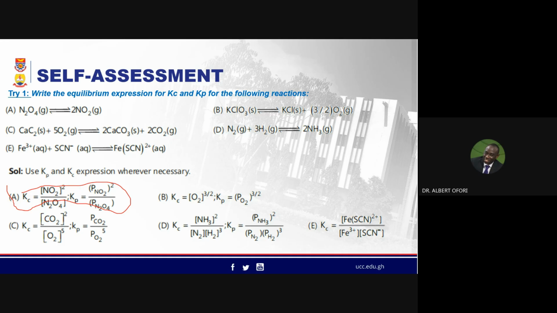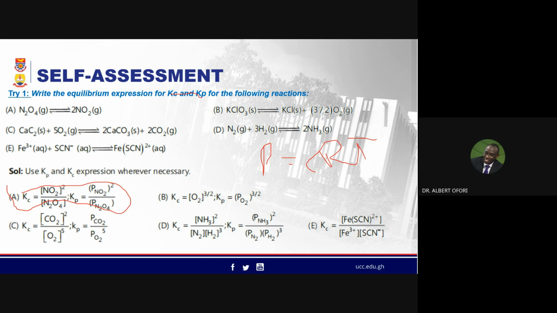Okay, let's move on. Now from this, we can have an argument going on. Does it mean that the Kp is the same as the Kc? No, it is not the same. One is in terms of concentration, one is in terms of pressure. And of course, we know the relationship using the ideal gas: P is equal to concentration times gas constant times temperature.